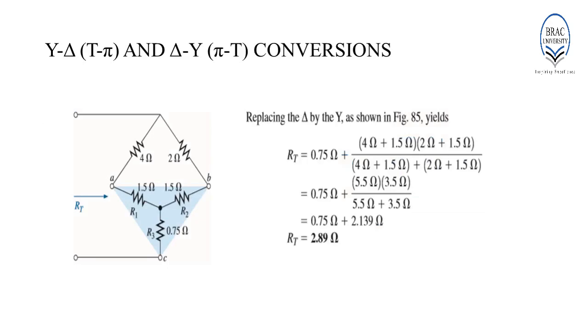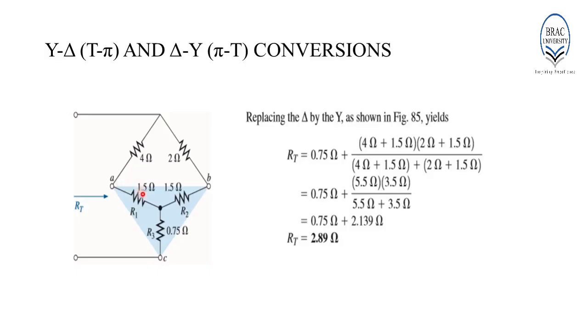Now, since we know the values of R1, R2 and R3, if we redraw this network and replace the delta connection with a Y configuration, then this is how the network will look. Now we can easily determine RT because the complex configuration has been replaced with its equivalent simple configuration.